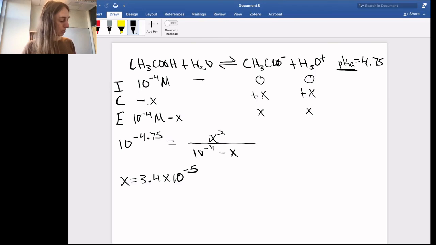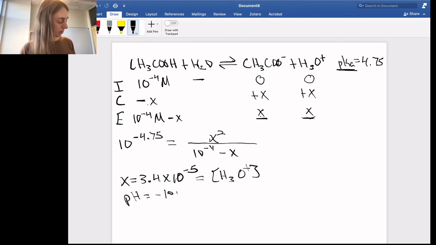So because we know what x is, and we know that in our equilibrium line x is the concentration of our hydronium ions in solution, and we wanted to know the pH, all we have to do is take the negative log of that concentration of hydronium ions. So our concentration here is that value, 3.4 times 10 to the negative 5th, and our pH, again, is the negative log of that.